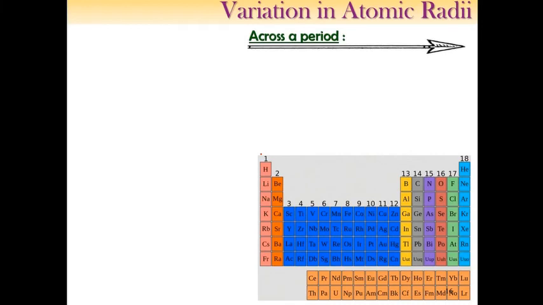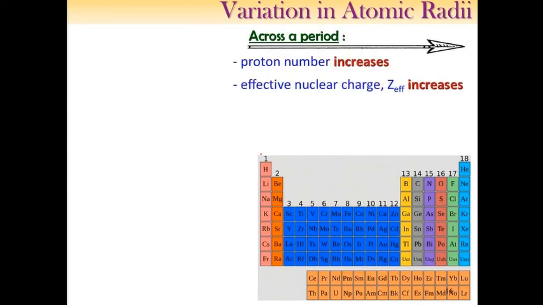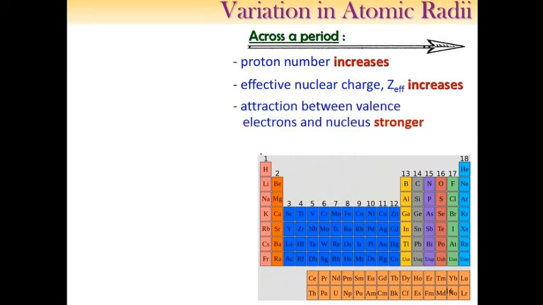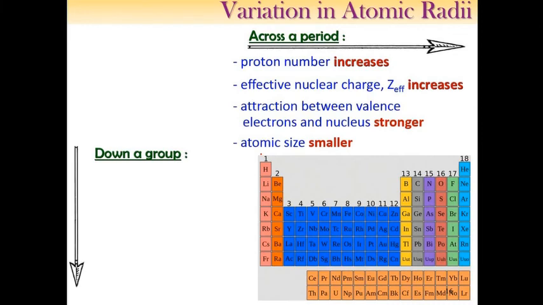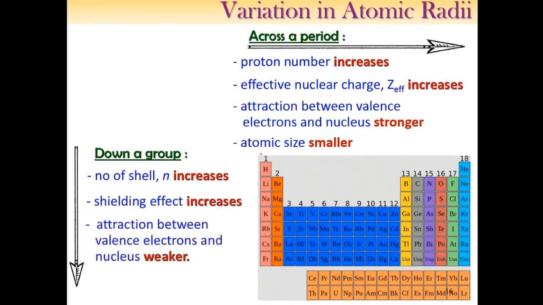So the conclusion for this variation in atomic radii: when we go across a period, the proton number increases, effective nuclear charge increases, attraction between valence electrons and the nucleus becomes stronger, so the atomic size becomes smaller. Going down the group, when the number of shells increases, the shielding effect increases, attraction between valence electrons and the nucleus becomes weaker, and the atomic size increases.